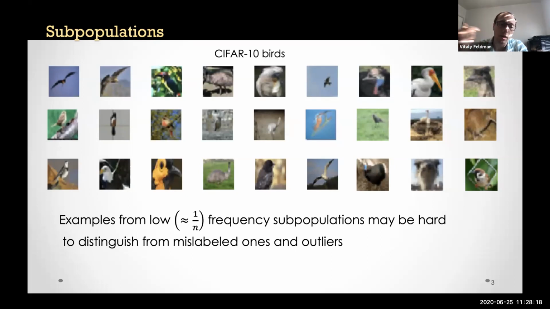But the question is, are these infrequent subpopulations on the order of 1/n important for generalization or not? And the answer depends on the distribution of frequencies. What we know about this distribution, colloquially, is that natural distributions are usually long tail.